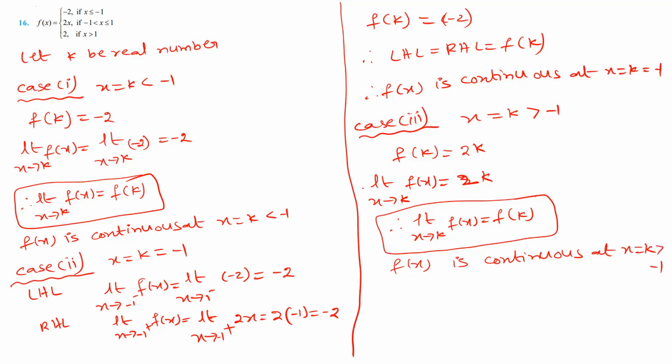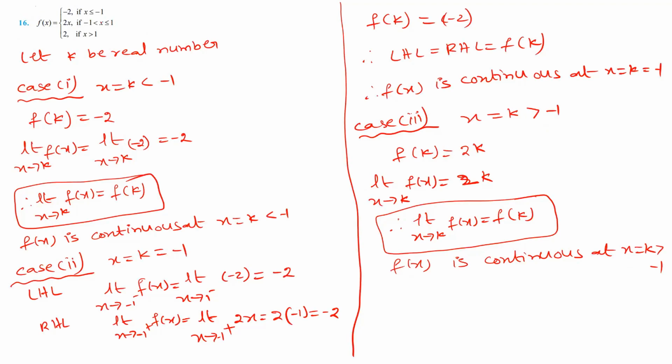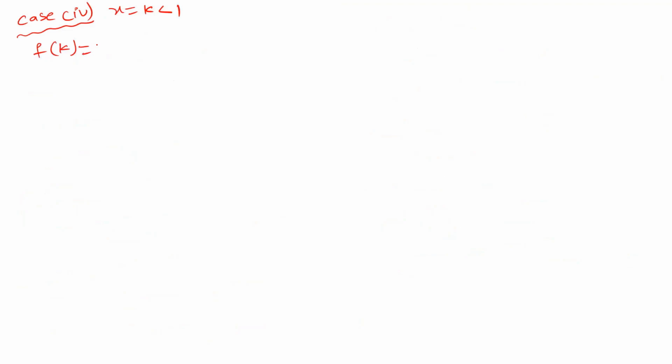Next, the fourth case, so case 4. So here we took x is equal to k greater than -1. Next we have to take less than 1. So x is equal to k less than 1 we'll take here. So f of k is equal to, less than 1 means 2x, so that is 2k we'll get here.